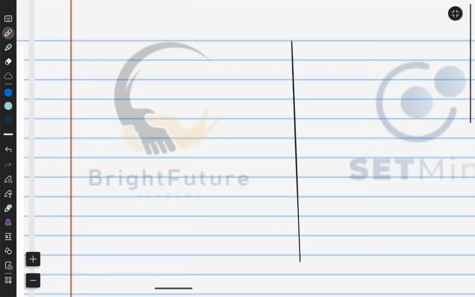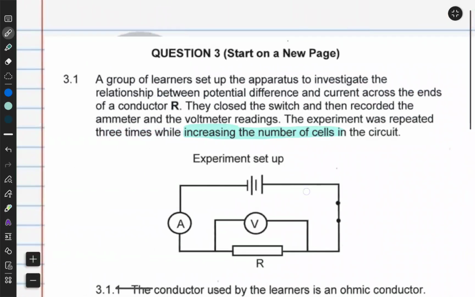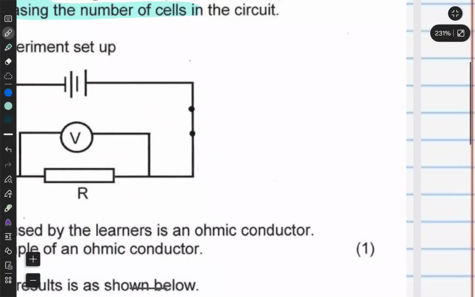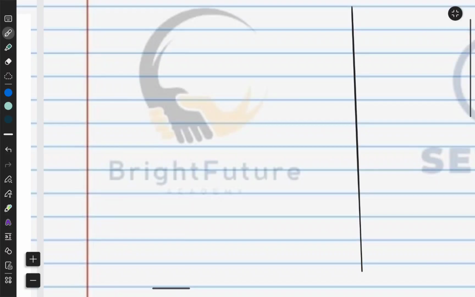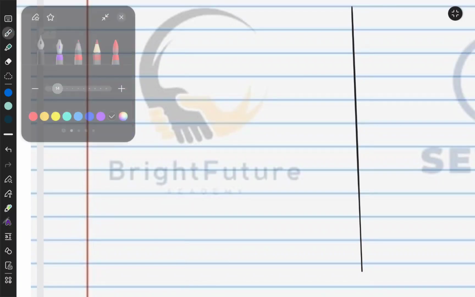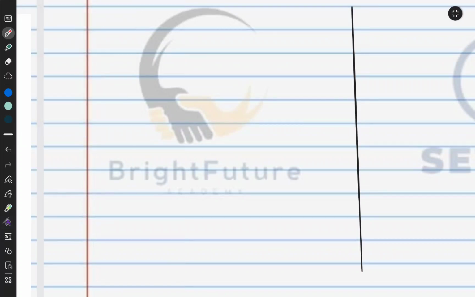So ohmic conductors respect that rule in the sense that as we change the energy supply in this circuit, this ohmic conductor will not have an abrupt rise in temperature. The temperature in the conductor will not rise so much that it affects the relationship between the voltage and the current in a way that the relationship starts being non-linear. So let me show you.